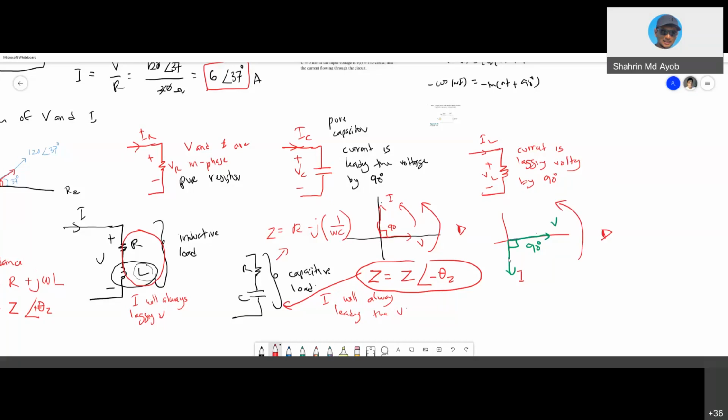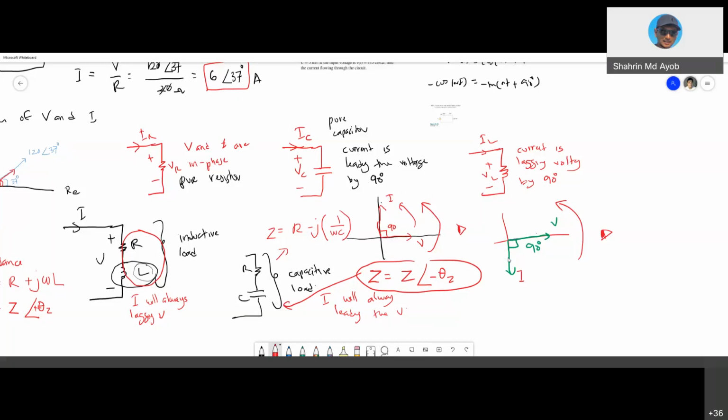So what do you see first, the current or the voltage? For the inductor, you will see the voltage first, and then after that the current.